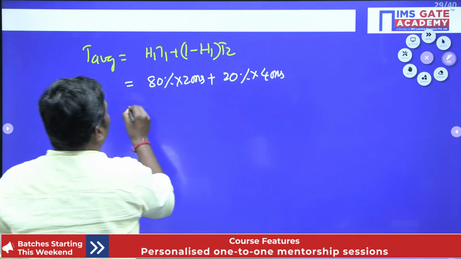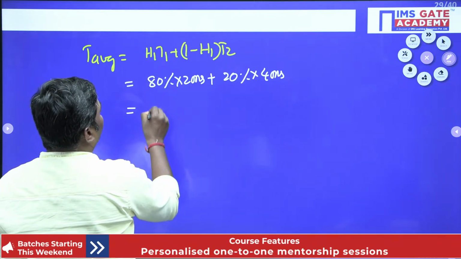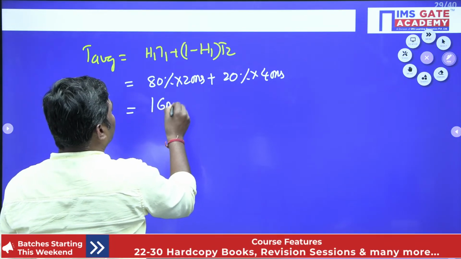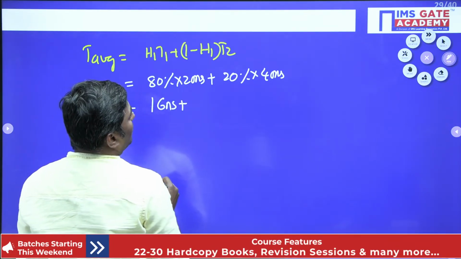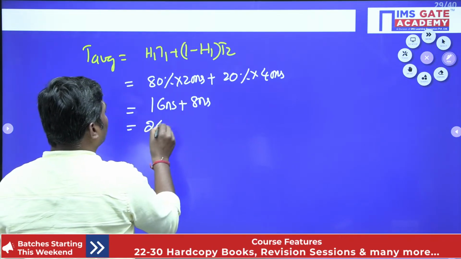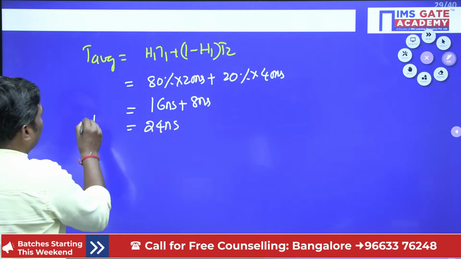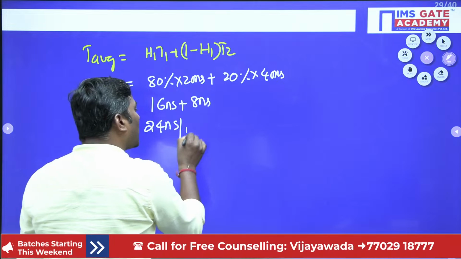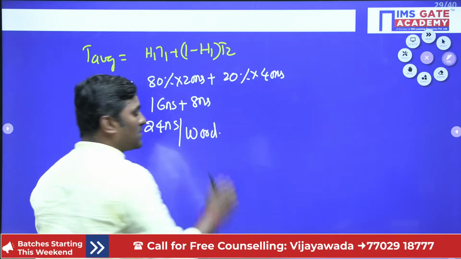Fine, so this gives how much? 16 nanoseconds plus 8 nanoseconds. This is giving me 24 nanoseconds. So T average access time is 24 nanoseconds per word.